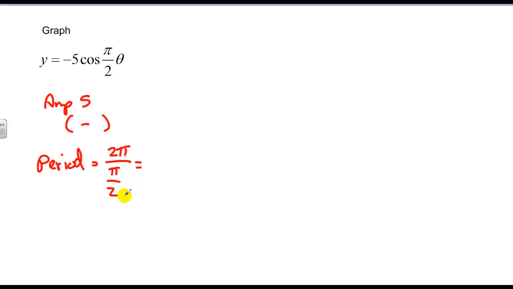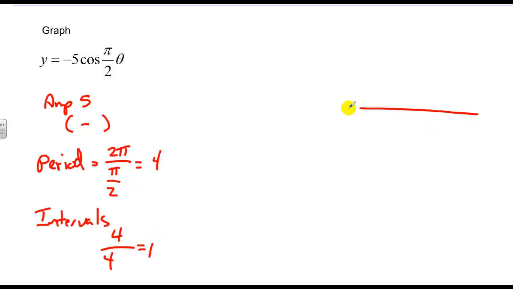So that's equivalent to 4 intervals. We take period, divide that by 4, so I have intervals of 1. If I graph one period of this, I'll go from 0 to 1 to 2, 3, and 4.